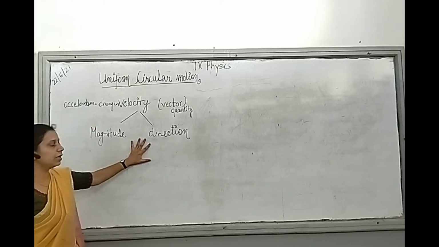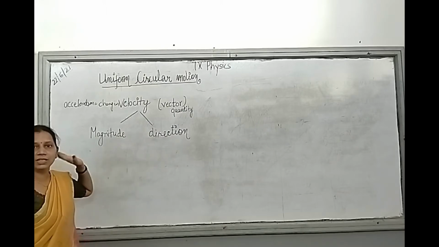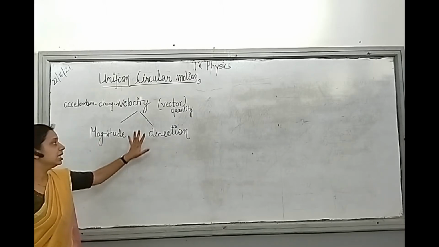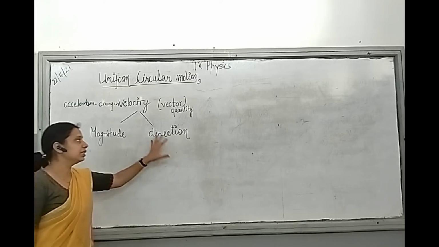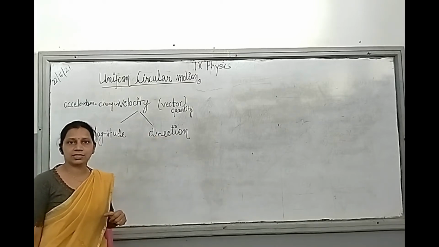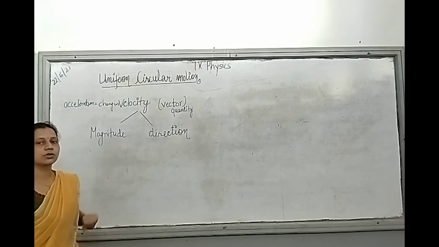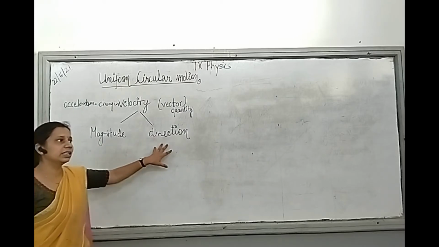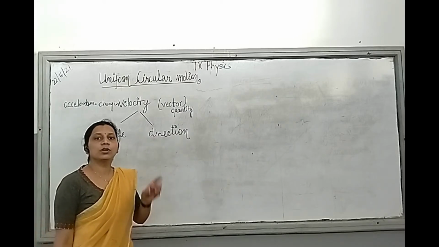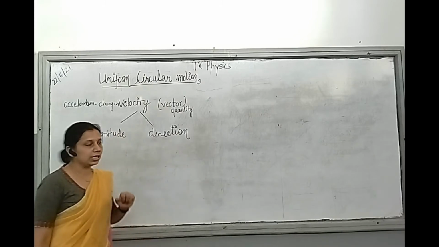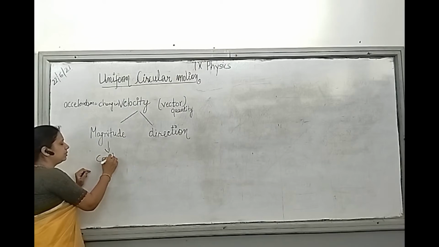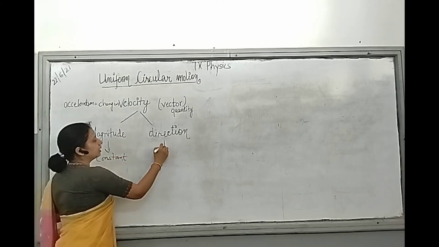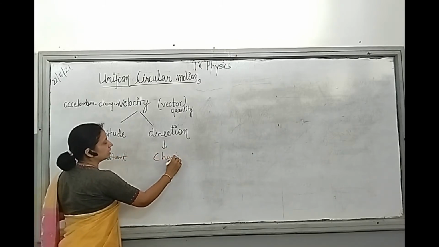If magnitude is changing, then you will have acceleration. If direction is changing, then also you will have acceleration. Let's say if magnitude is constant and only direction is changing, then also the body will accelerate.